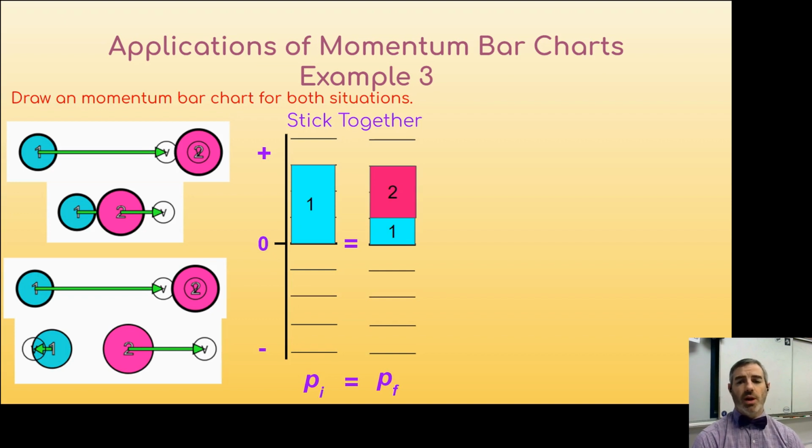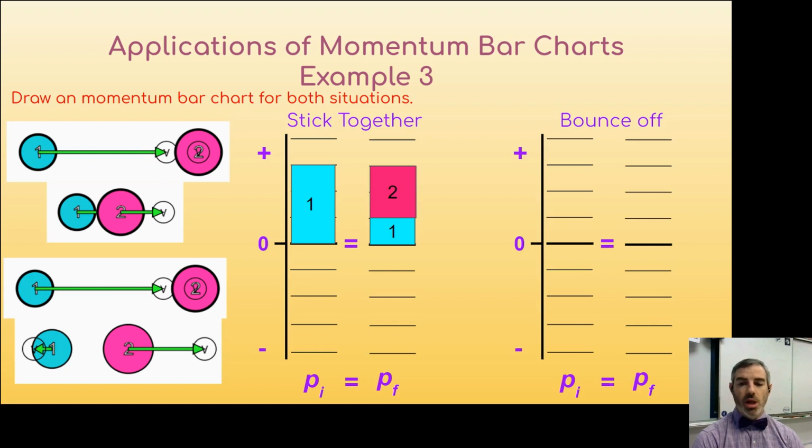Now let's look and see what happens when they bounce off. We have the same initial momentum, but now we know that sphere 1 bounces off and moves in the opposite direction, so we draw a bar below. We have a height of 3 in the initial, and now we have -1. So what do we have to do to show sphere 2 has a momentum that adds up to a total height of 3? We know that it has to be 4.